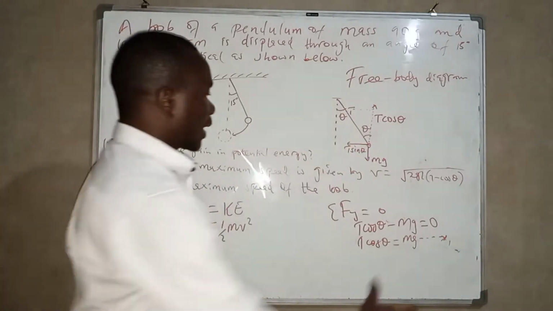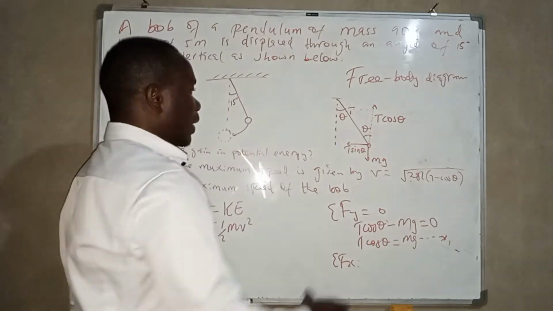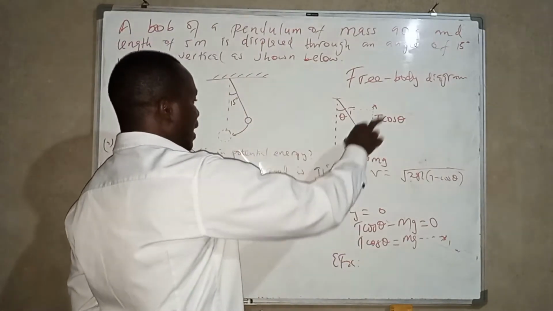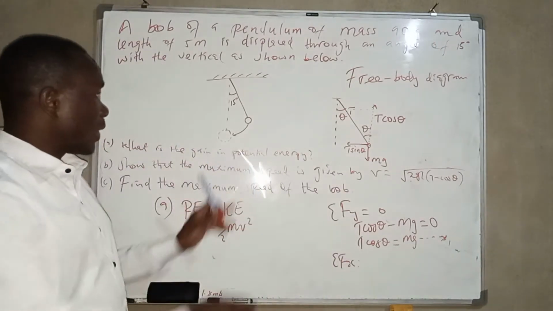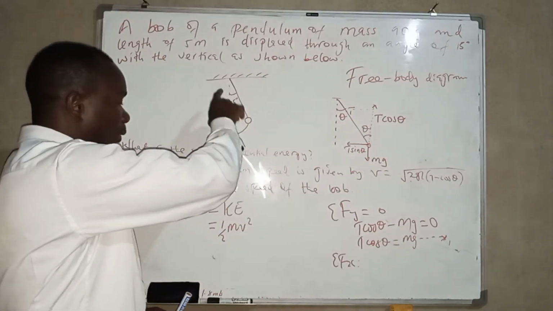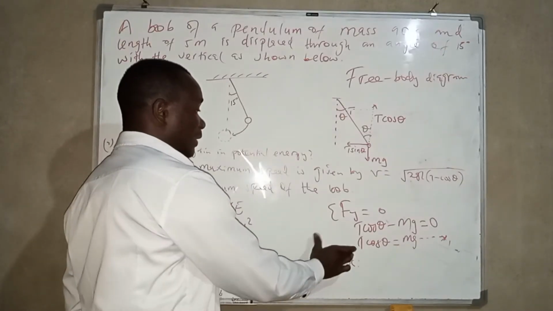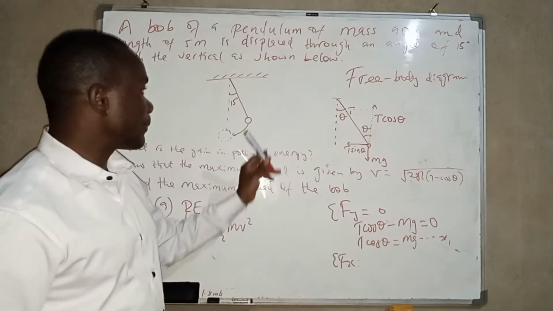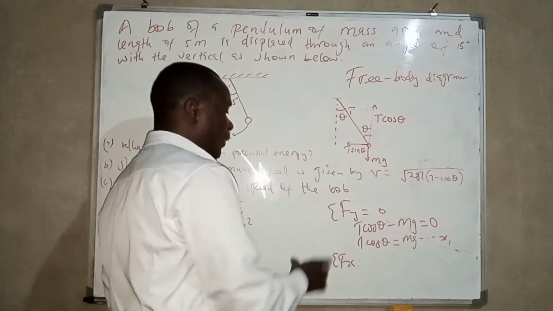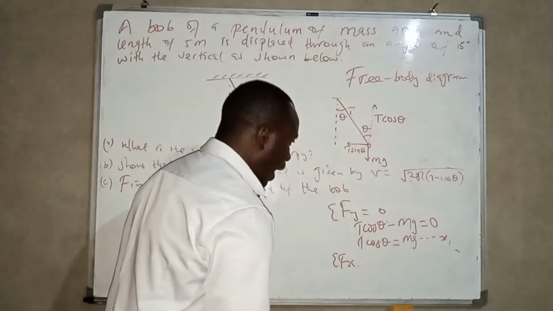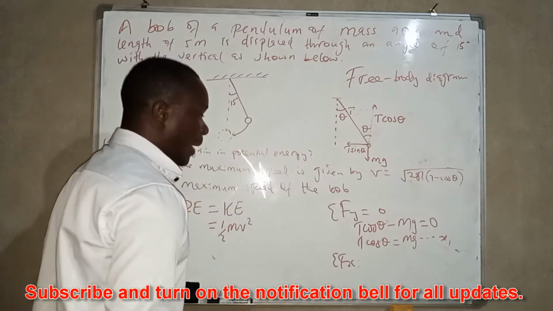From this, we can come to the summation of forces in x. Here we have T sin theta, and as the bob is swinging, it is going to be moving in a circular path, and the acceleration that results from the movement of the bob in a circular path is the centripetal acceleration. So T sin theta and the centripetal force will balance.